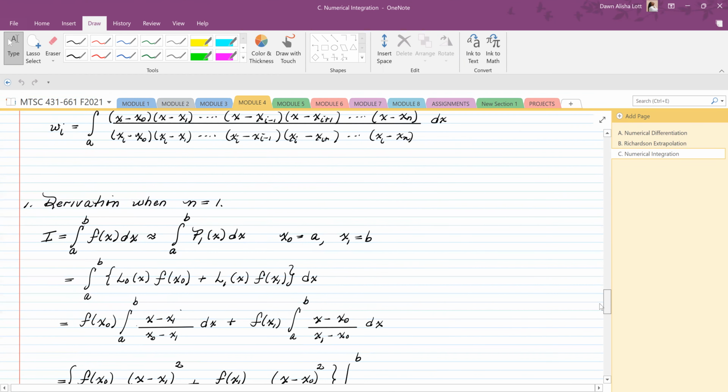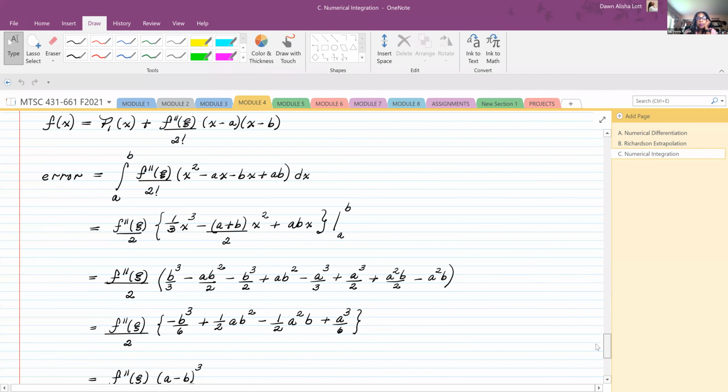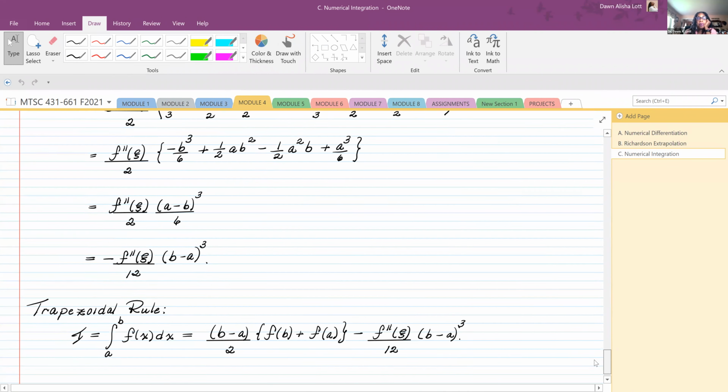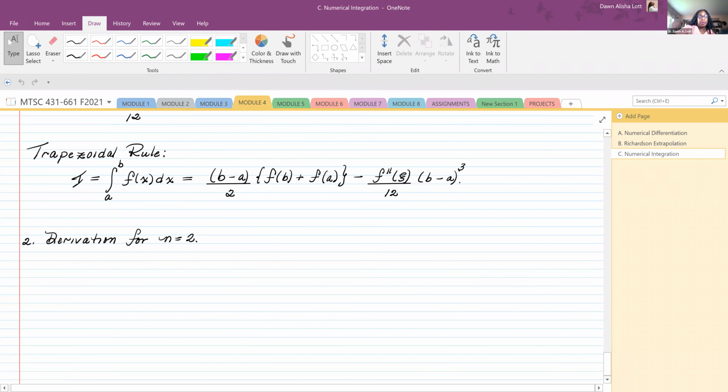We did the derivation when n equaled 1, and we ended up with an error formula that shows us the error is minus f double prime at some c between a and b, over 12, times b minus a cubed. So now we are doing a derivation for n equals 2.